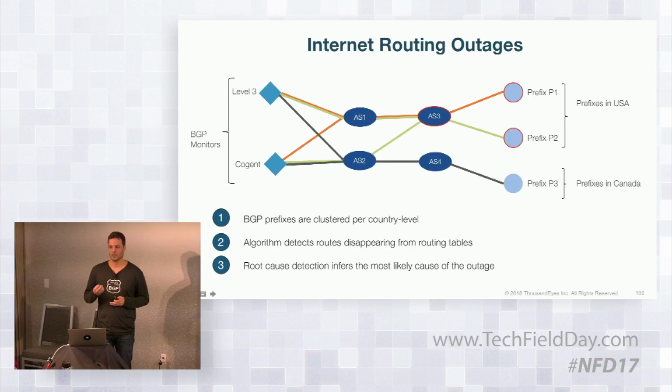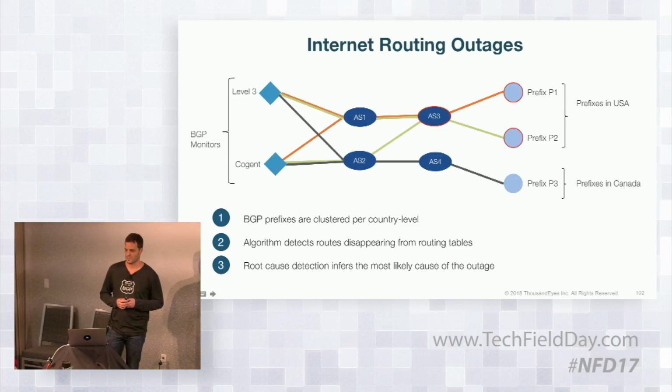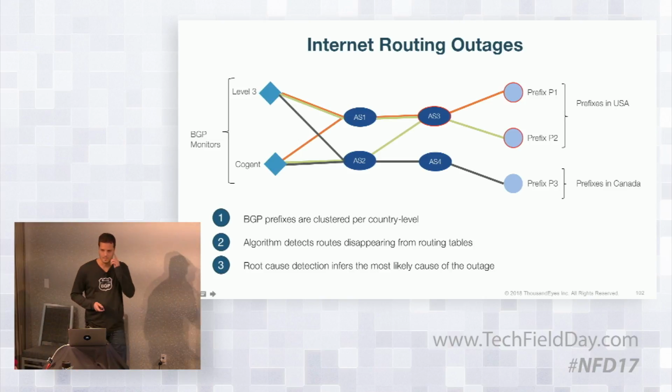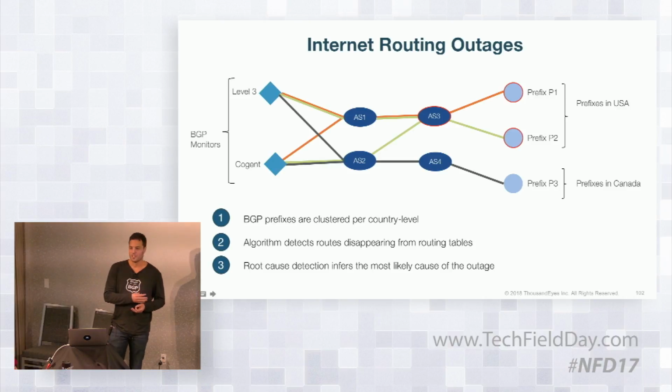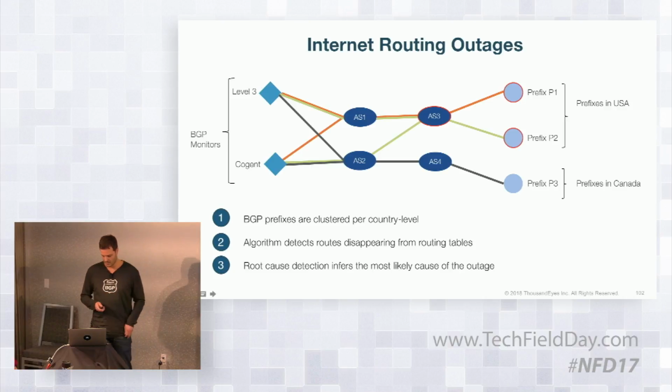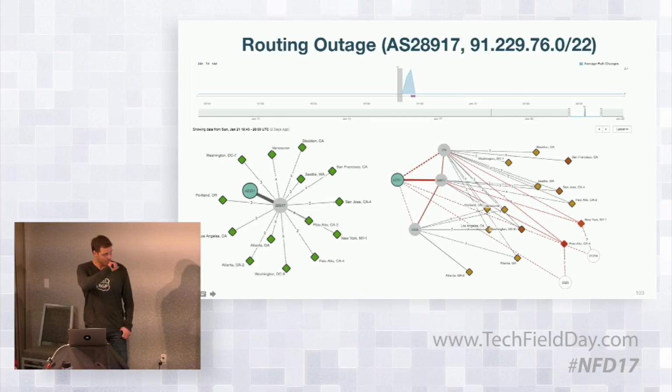For example, if all those prefixes are being routed through AS3, in this case, that's the most likely root cause. Oh, that's interesting. Yeah, it's logical. It's an inference, obviously. The farther away you are from the origin, the less likely it is your root cause. So there are some tweaks, some adjustments we need to do there in the algorithm.